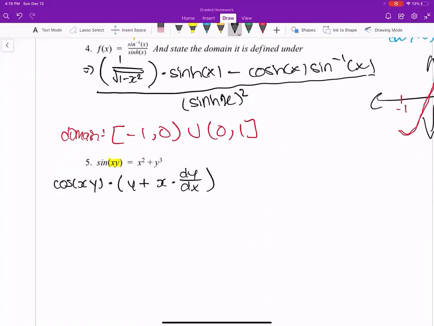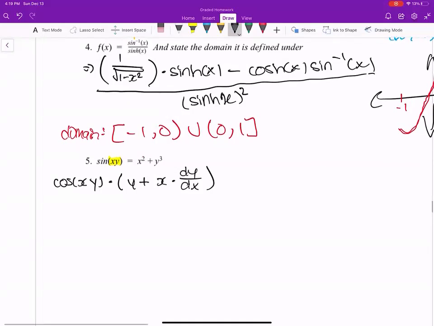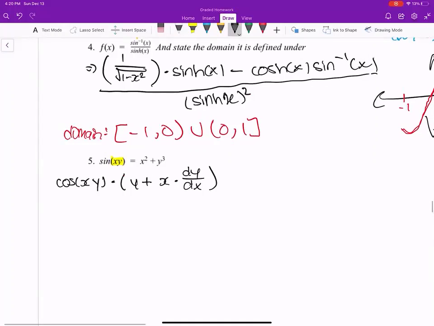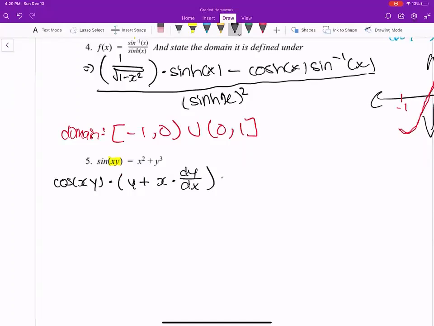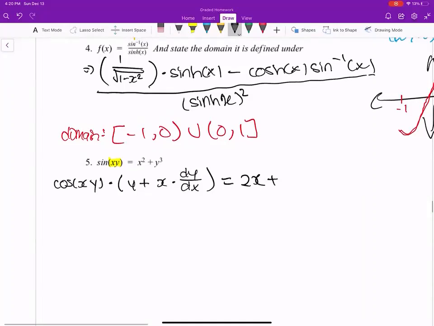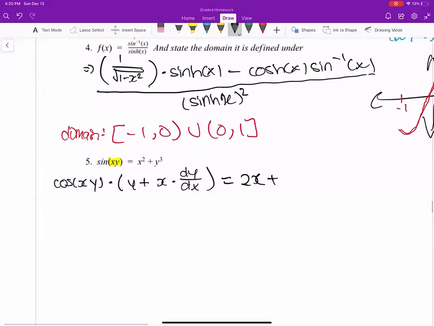Now, back to this one. So you get times y plus x. So whenever you're deriving y, you have to write dy by dx. Make sure to remember that. So you get this is equal to 2x plus 3y squared dy by dx.